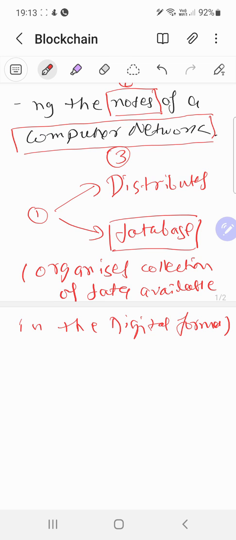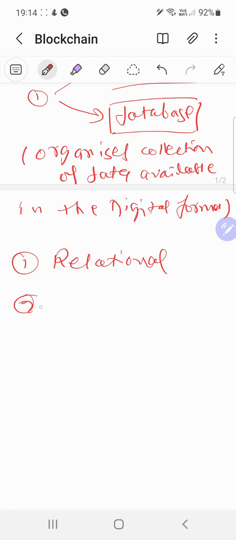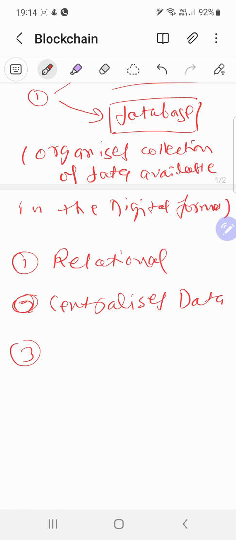Okay, now what do we mean by distributed database? Databases can come in a variety of forms. The first and very popular database type is the relational database. Then we have the centralized database, and third, we have the distributed database, which we need in order to understand the definition of blockchain.